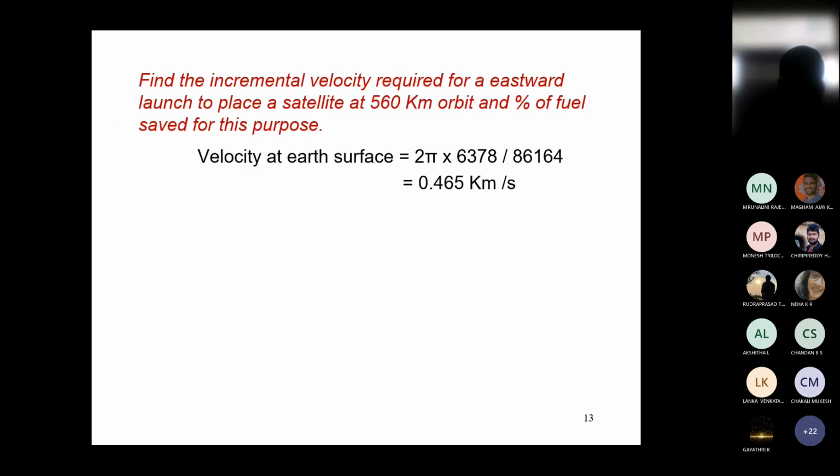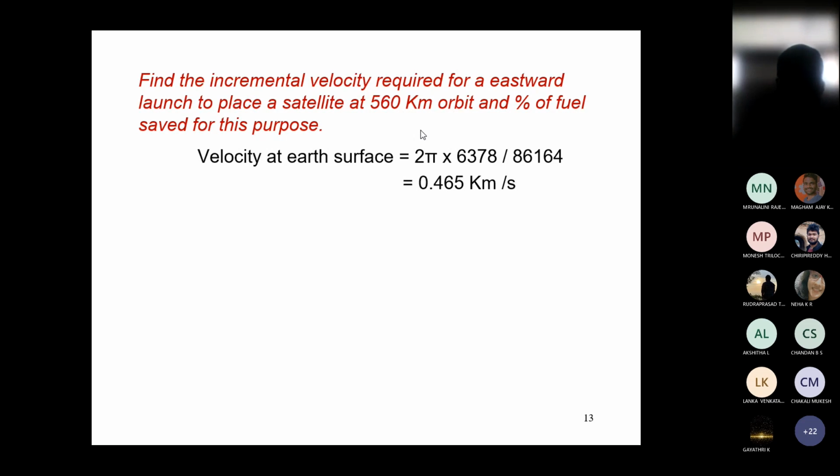Then we had taken one example. Find the incremental velocity required for an eastward launch to place a satellite in a 560 kilometer orbit, and the percentage of fuel saved for this purpose.